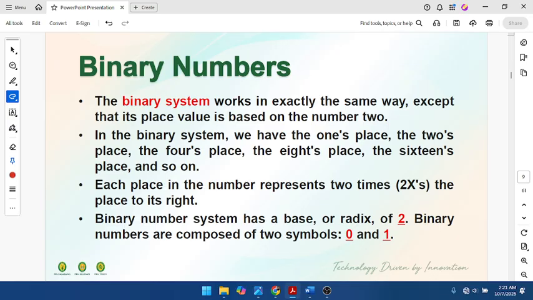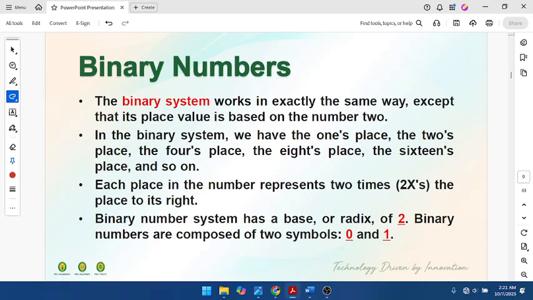The only thing that changes is the base. The binary number system is based on a radix of 2, which is base 2, meaning it is composed of two symbols, 0 and 1.